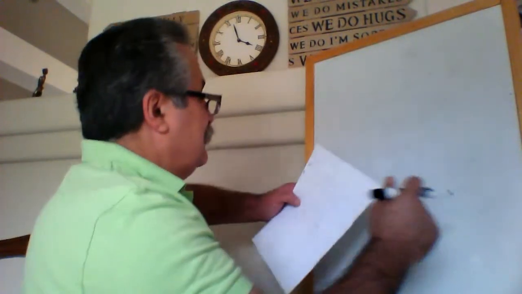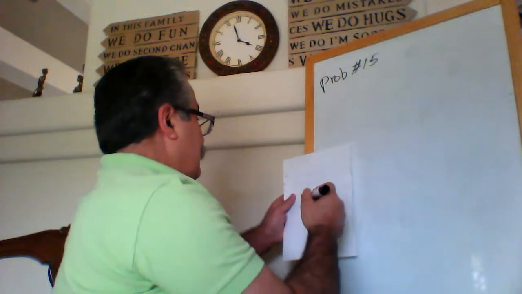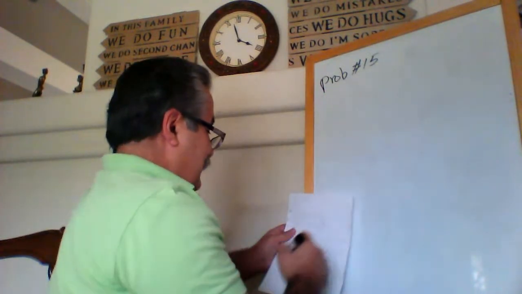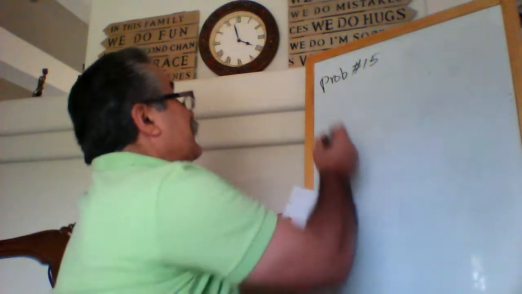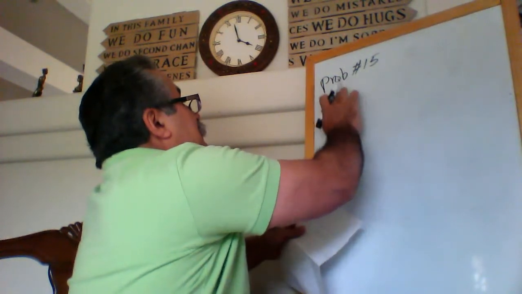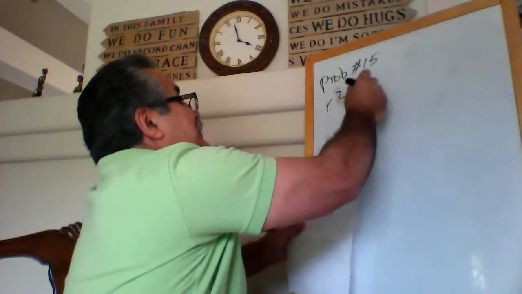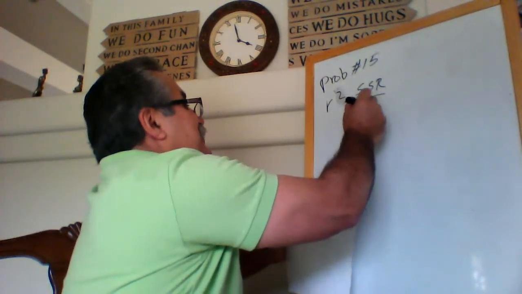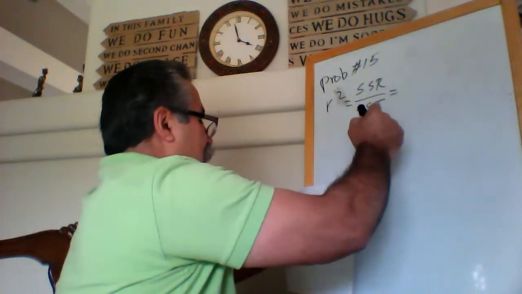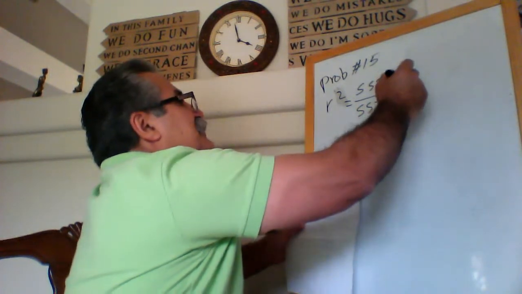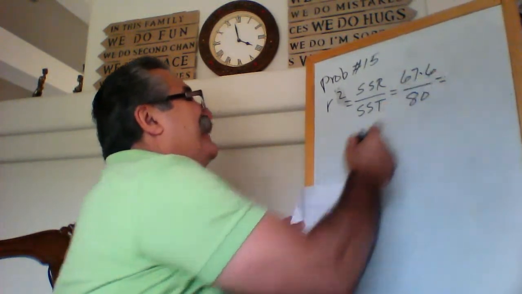Oh, by the way, for problem number 15, if we wanted to calculate the coefficient of determination, R squared is equal to SSR divided by SST. SSR, I think it was 67.6 divided by 80.